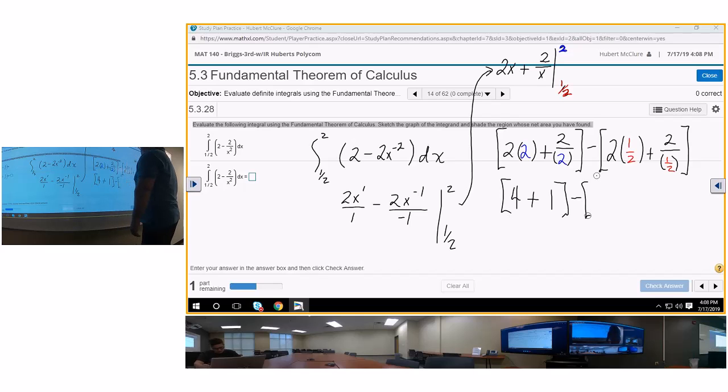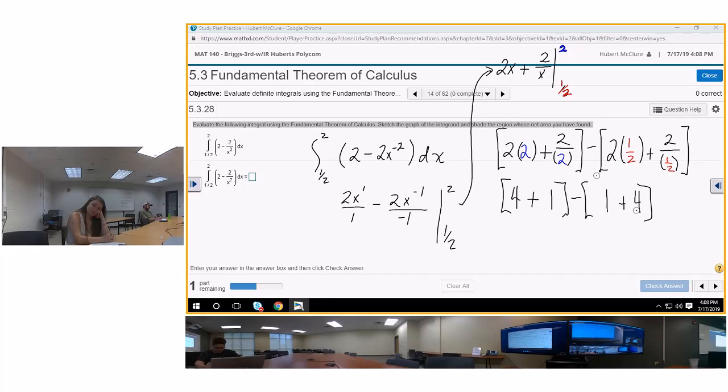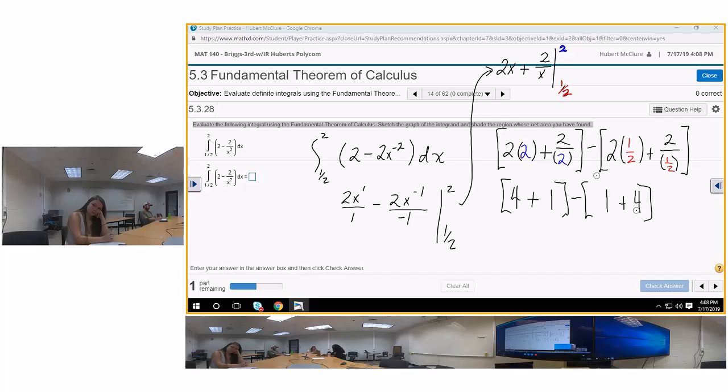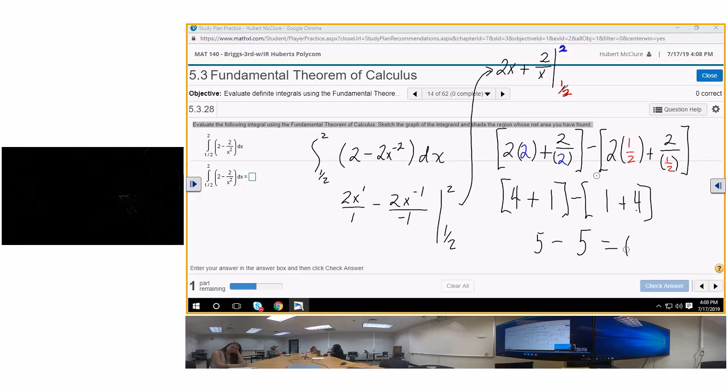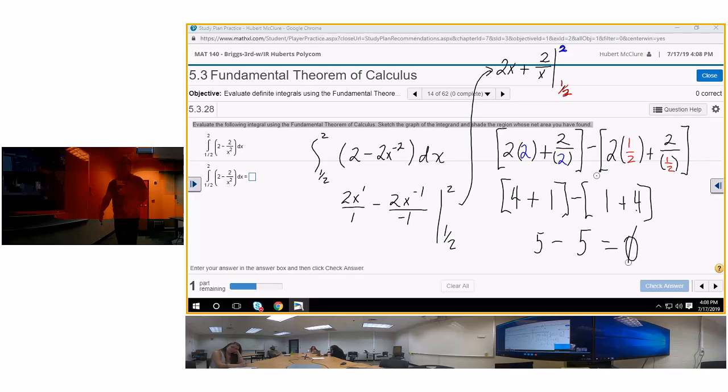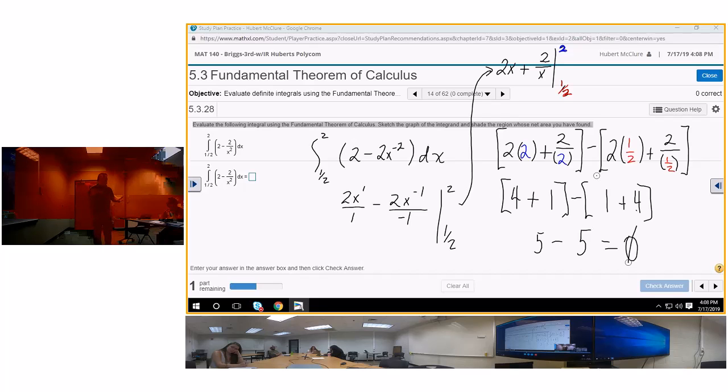Minus, what's 2 times 1/2? And what's 2 divided by 1 over 2, which means multiplied by 2 over 1. Four plus 1 is 5. 1 plus 4 is 5. Now, let's talk about this. What has happened when you get an area of 0?